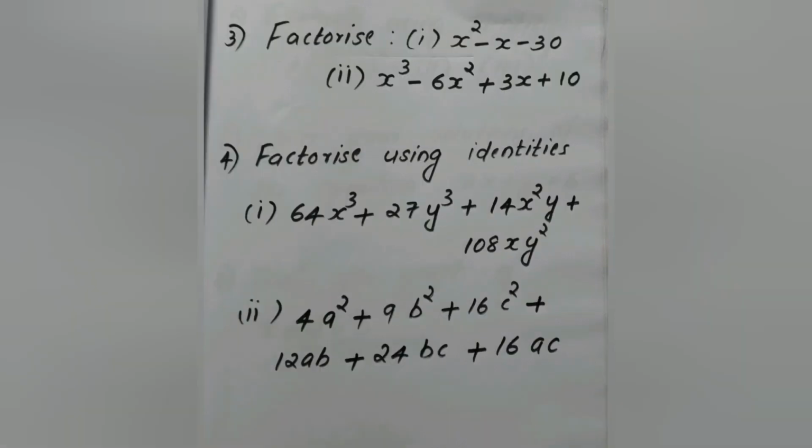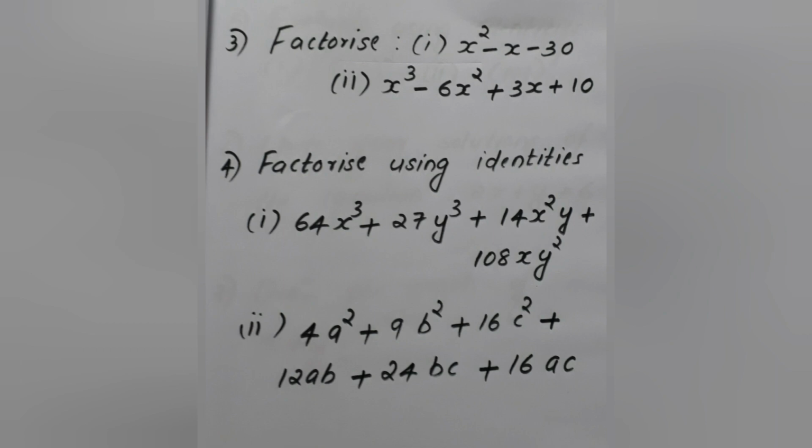Then the third question: factorize x square minus x minus 30, and x cube minus 6x square plus 3x plus 10. The first one you can factorize by splitting the middle term. You have to find two numbers whose sum is equal to minus 1 and product is equal to minus 30.